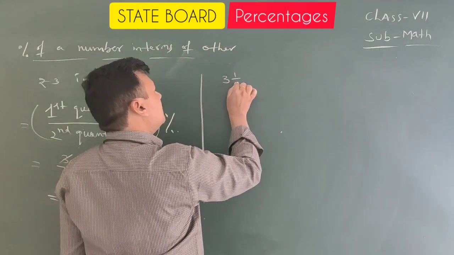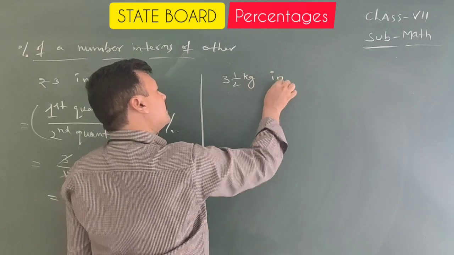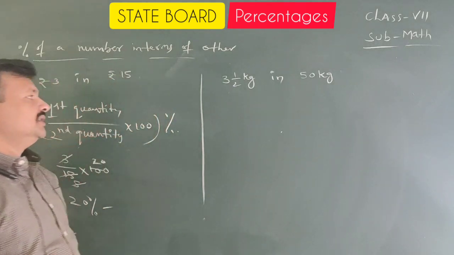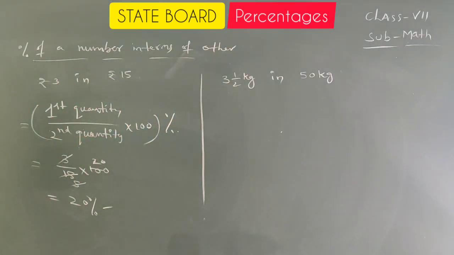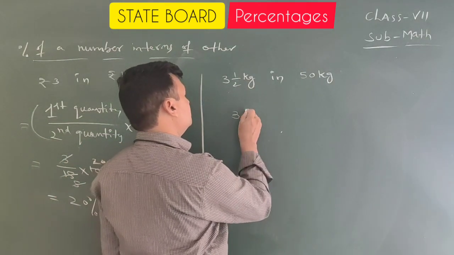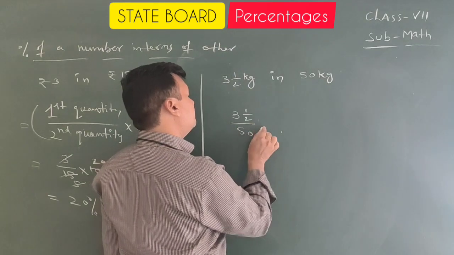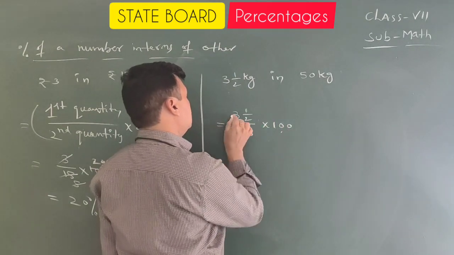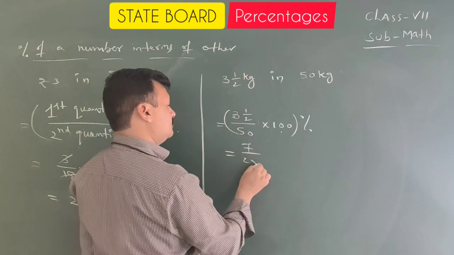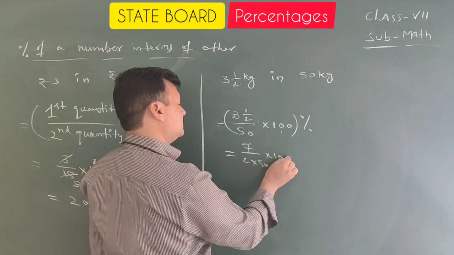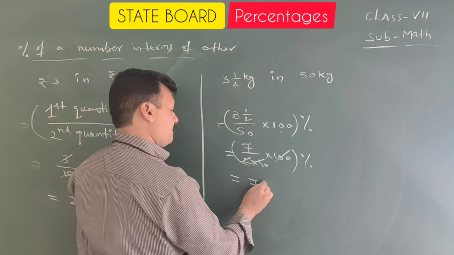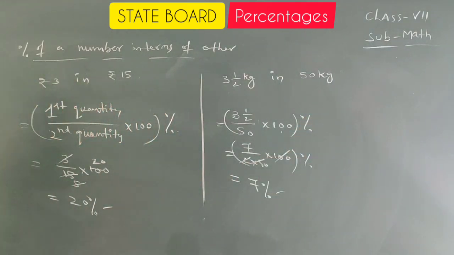Here 3.5 kgs in 50 kgs. Percentage of 3.5 kgs in 50 kgs. Here the first quantity 3.5, which is 7 by 2, by the second quantity 50, into 100%. Now 7 by 2 into 50 into 100 gives 7%.